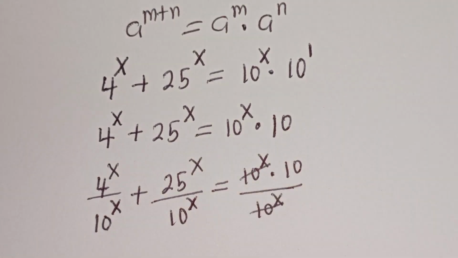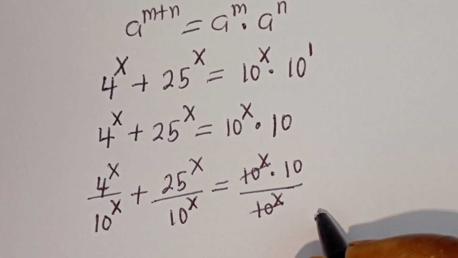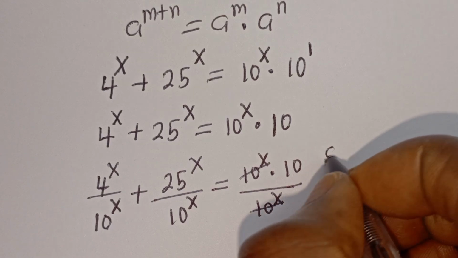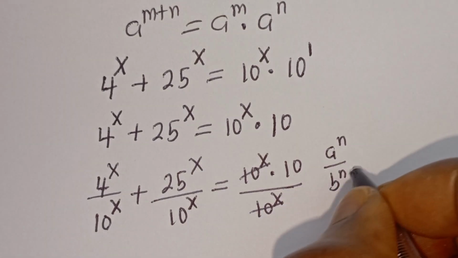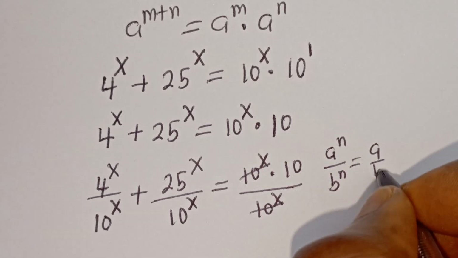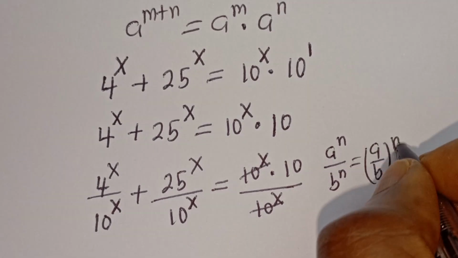This will cancel this. And take note of this: if you have a to the power of n over b to the power of n, this is equal to a over b to the power of n.